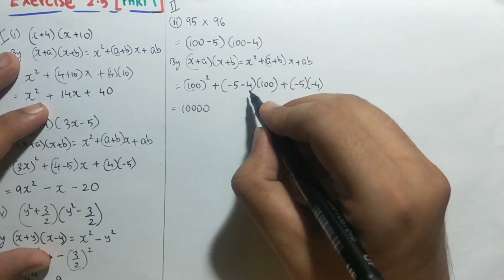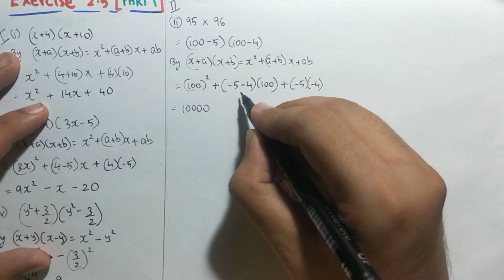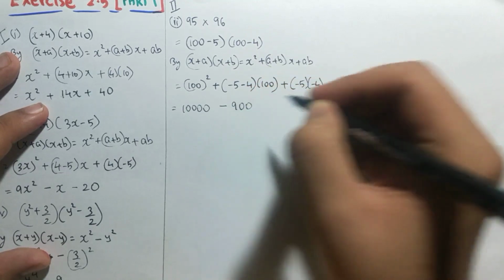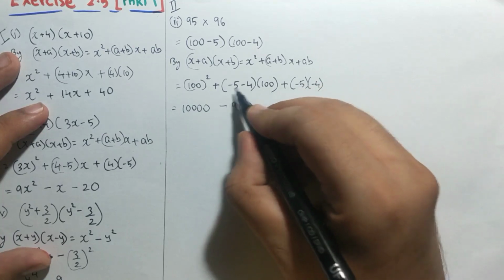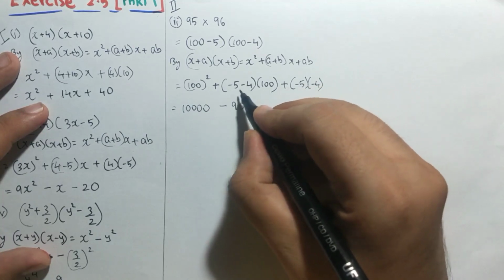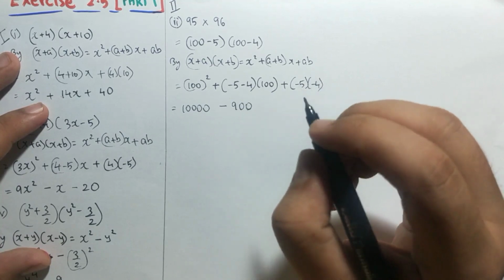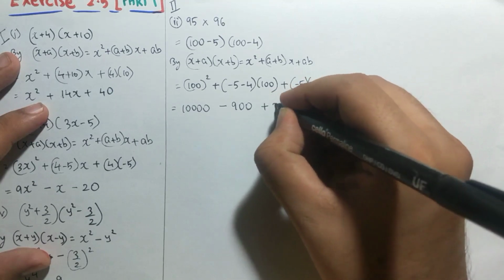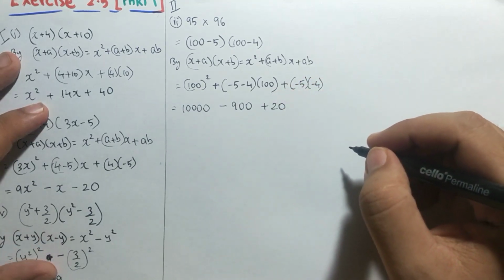This is minus 5 minus 4, that is minus 9. Minus 9 multiplied by 100 is minus 900. Minus 5 and minus 4 get added and become minus 9. This is minus 5 into minus 4, that is plus 20. Minus minus is plus, and 5 into 4 is 20.